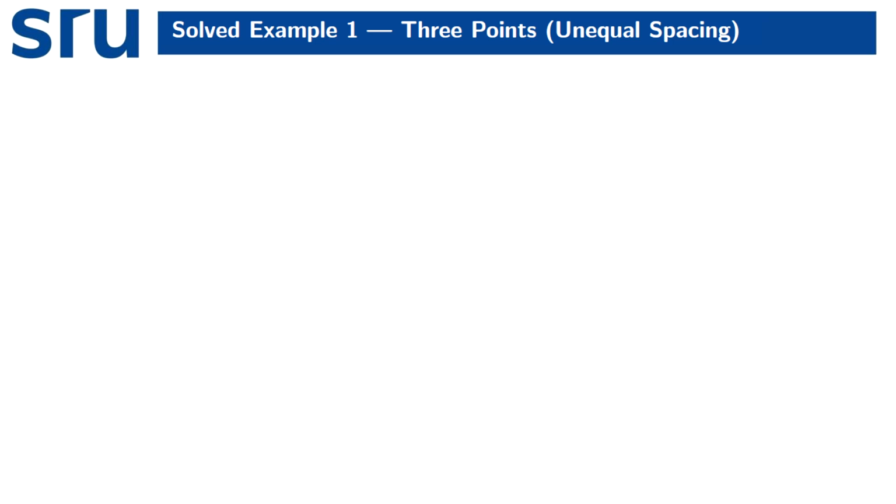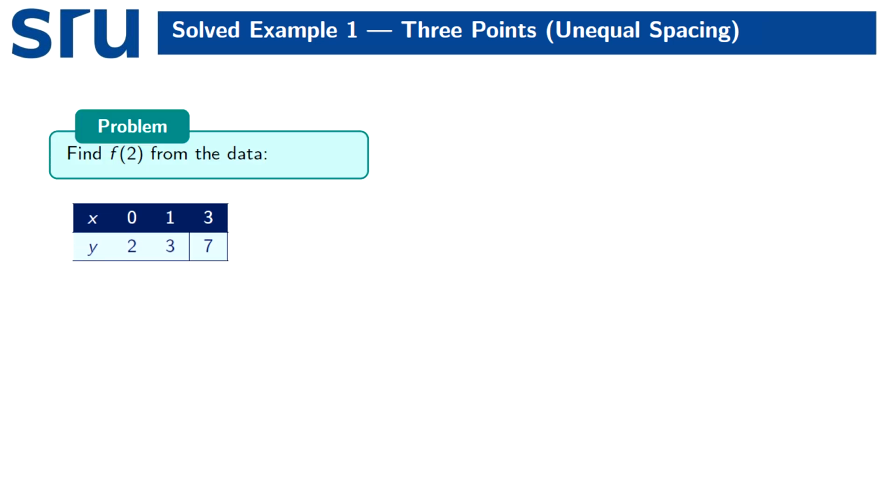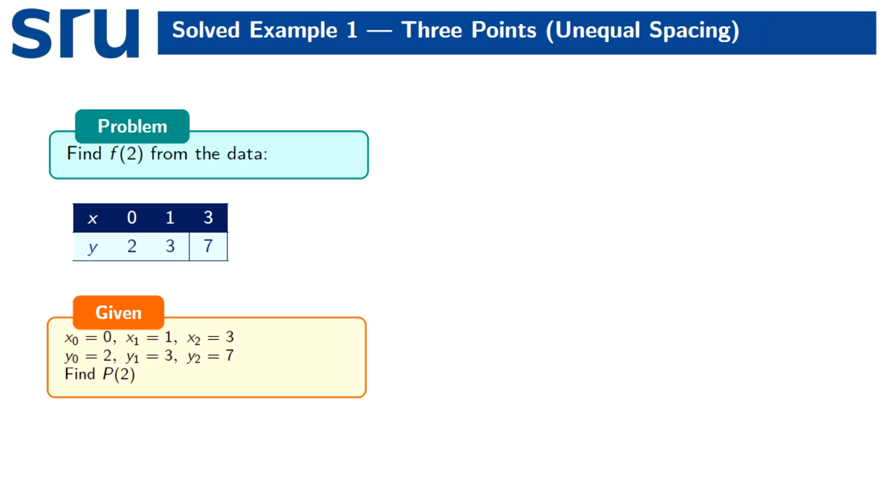We are given the data that x equals 0, 1, 3, and y equals 2, 3, 7. We are asked to find the value of the function at the point x equal to 2. This is P2, or the function's y value at 2. That means we need to find the value of the function at x equal to 2 using the given data points only.